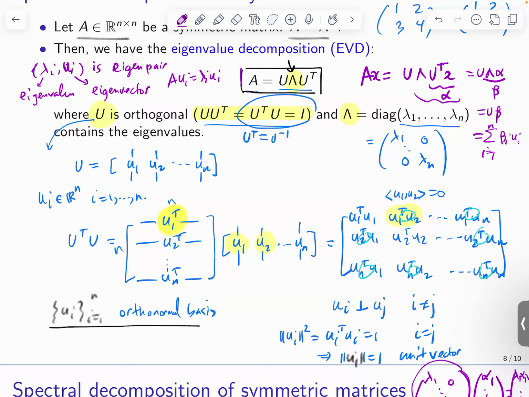That's this part, U transpose X. Then you act on it as a diagonal matrix, which is lambda times that alpha, and then you put it back in the original basis with U. This puts it back. So it's really a change of basis. And once you do the change of basis, the matrix looks like a diagonal matrix. Again, a lot of geometry, intuition and information. That's why eigenpairs are important, and that's why this decomposition is important.